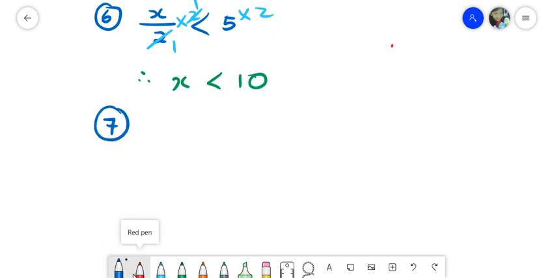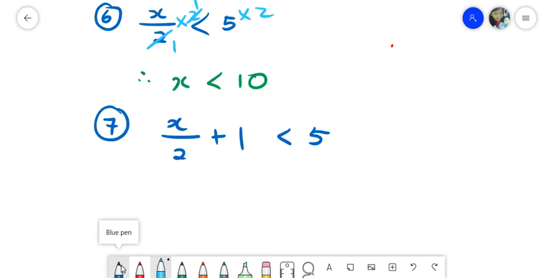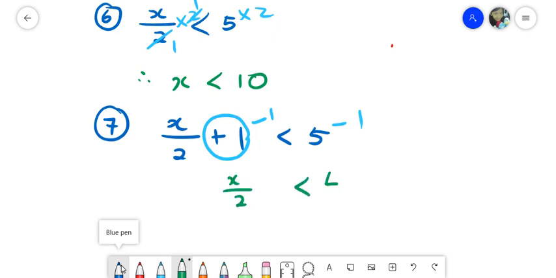Let's go with something more challenging. Let's say you have x divided by 2 plus 1 less than 5. Same thing, this is plus 1, so first of all, get rid of the positive 1 first. If you have plus, then your sibling will be minus. Very straightforward, right? So x over 2 less than 4.